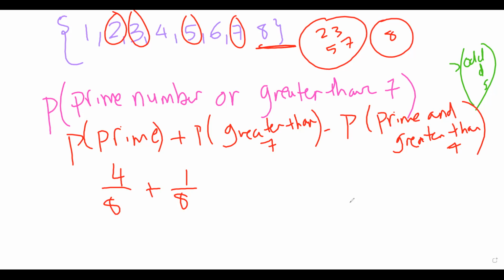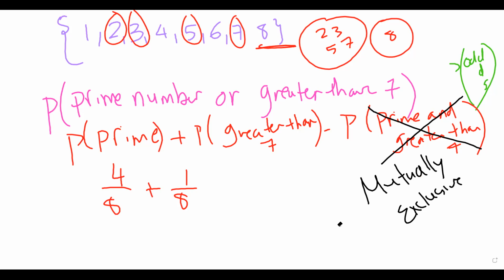No. So we will say that there is no number that is prime and greater than 7. So this question will be mutually exclusive. So the answer will be 5/8.